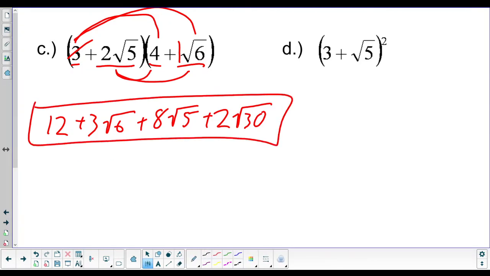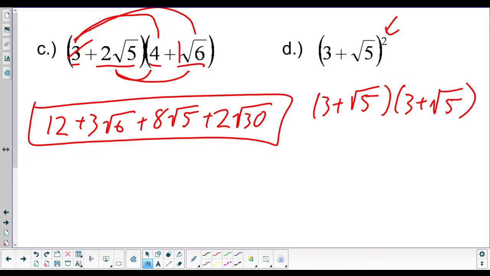All right. Now, let's look at this one. Sometimes kids get confused about this just because they're like, what's squared mean? Do I just square them? No, we don't distribute because we have this plus in the middle. What we want to do is write this twice and then distribute. So we're going to have 3 plus radical 5 times 3 plus radical 5.